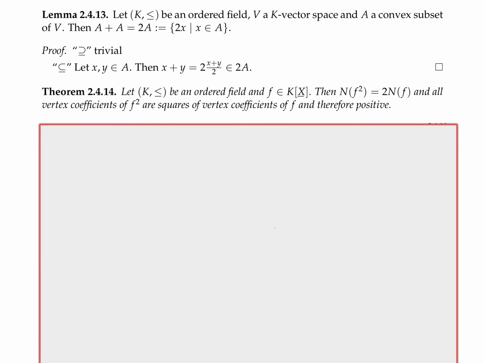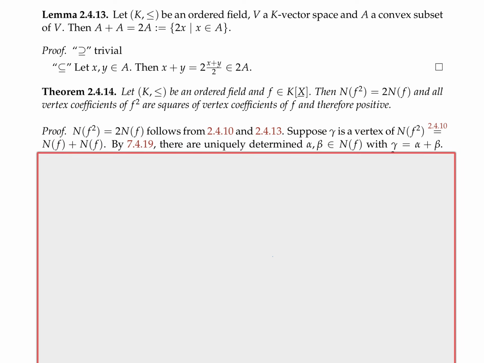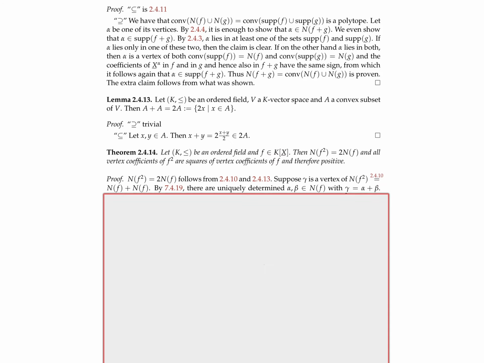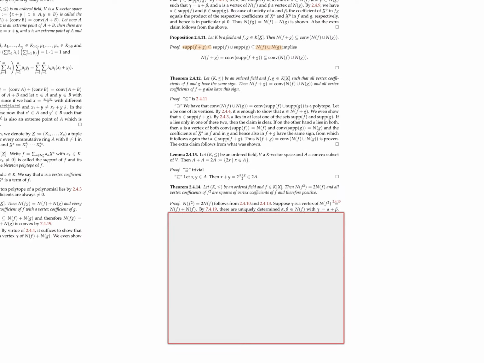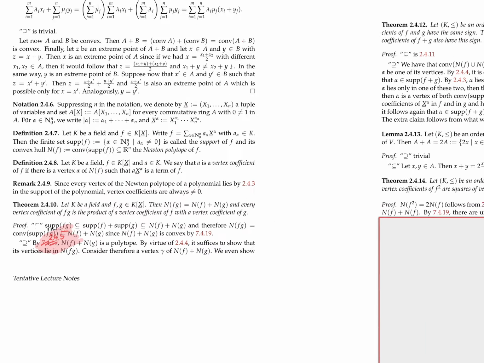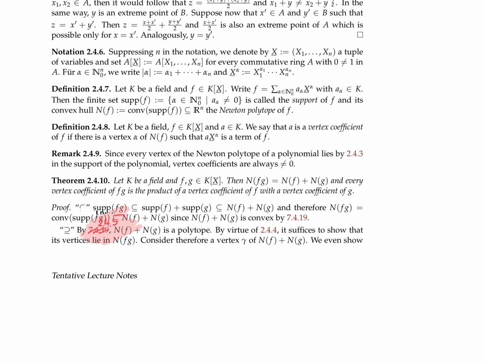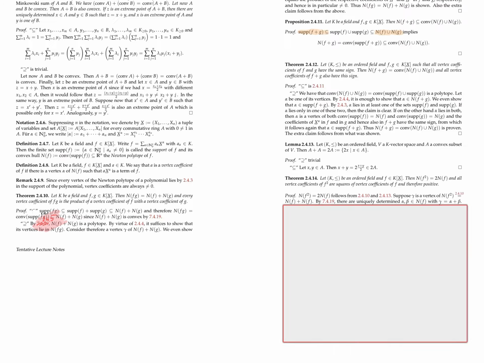Vertex coefficients are always non-zero. Okay, now the Newton polytope of F squared is 2 times the Newton polytope of F, follows from, well, normally it would be the Newton polytope of F plus the Newton polytope of F, but that's 2 times the Newton polytope of F. So I use the lemma we have just seen, and 2.10, right? With G equals F.